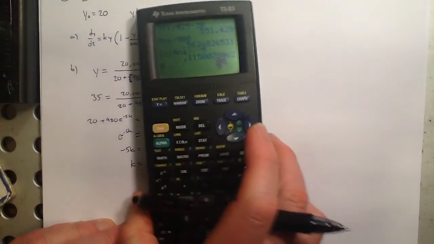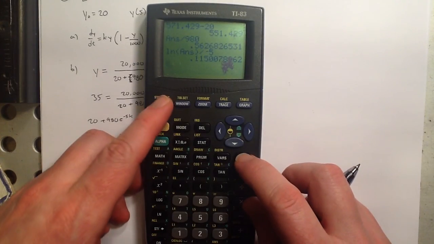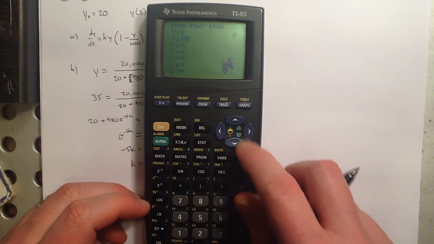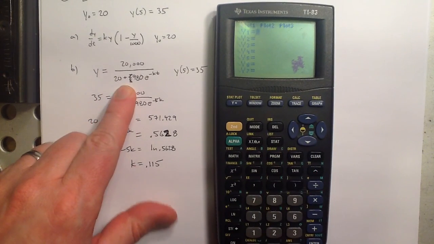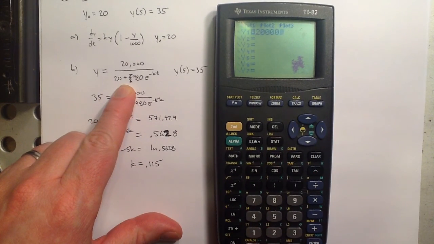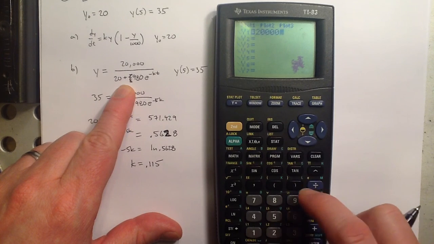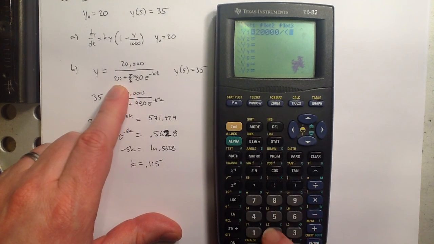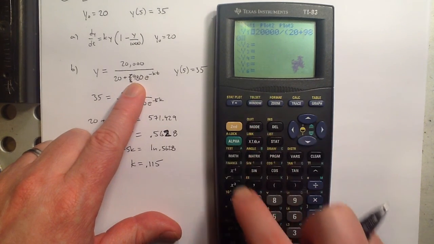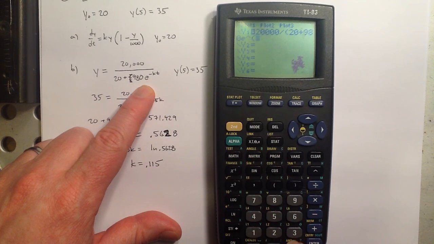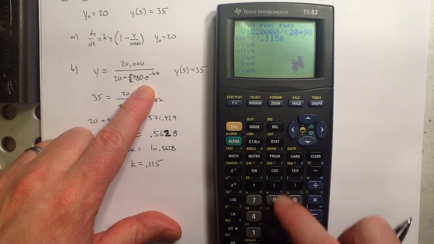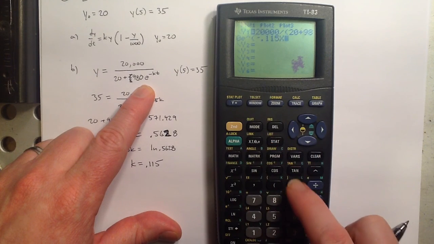The best way to do that, if we have our calculator, is to go ahead and put in y equals, put in our model, which is 20,000 divided by, parentheses, 20 plus 980 times e to the negative 0.115 t, or that's going to show up as an x there.